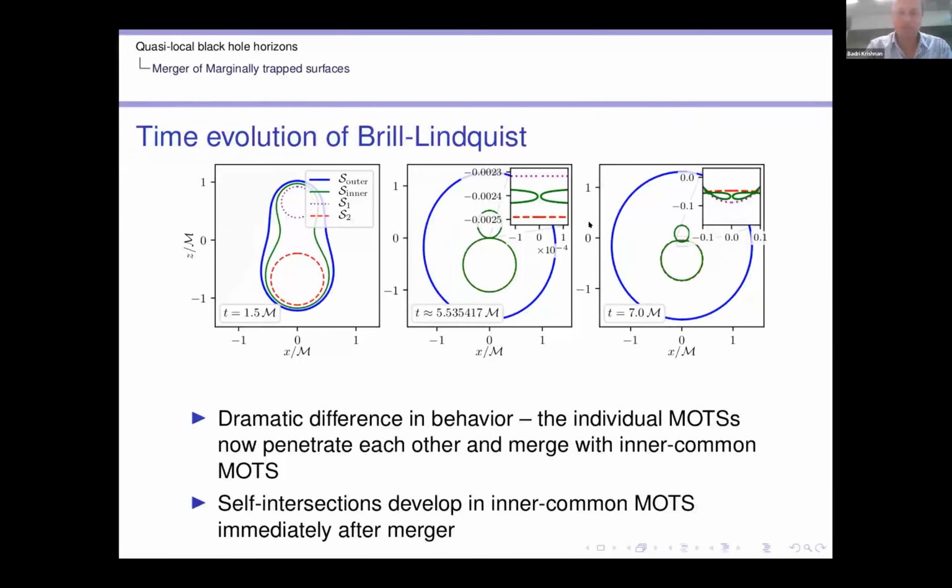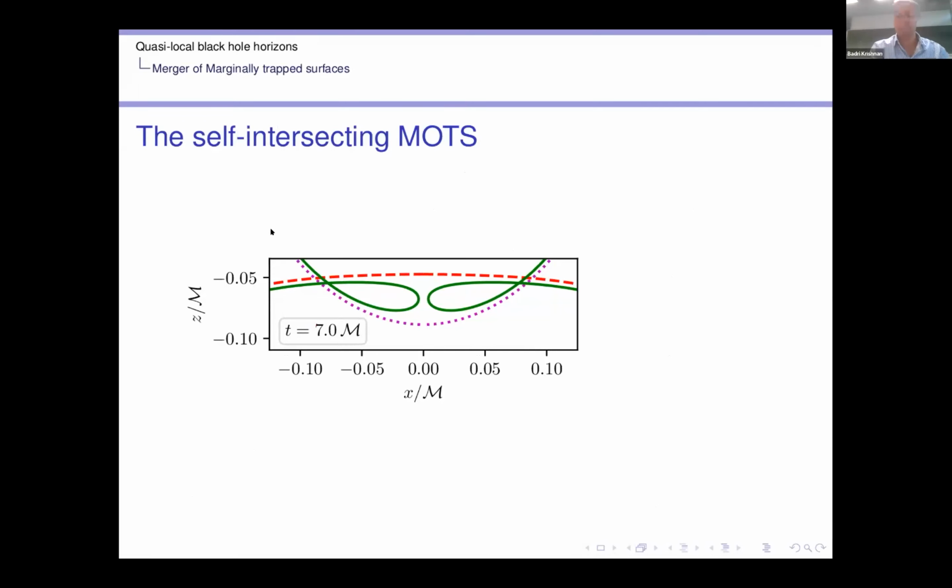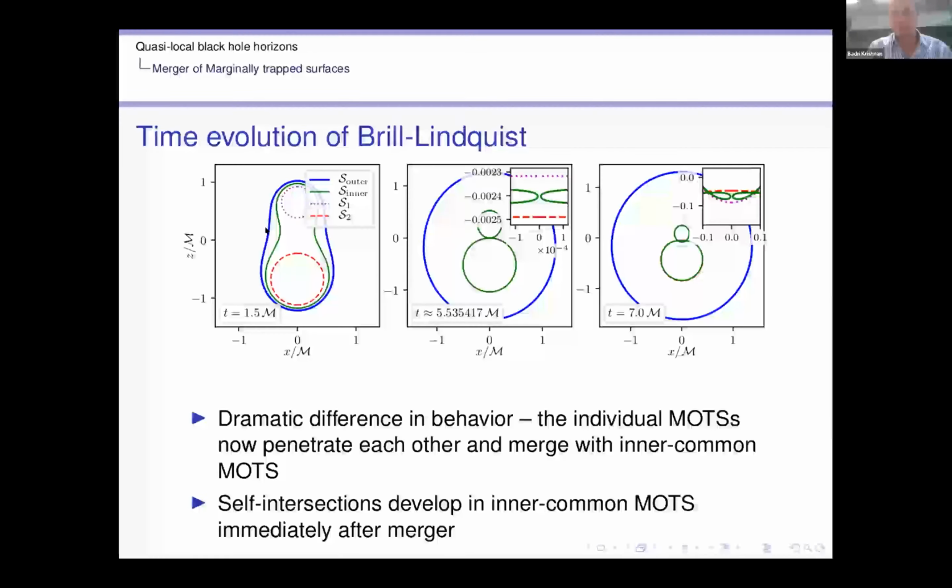In this picture, the red one and the purple one are the two individual horizons, S1 and S2. When the black holes get sufficiently close, the new horizon appears and bifurcates into an inner component and an outer component. The outer component is shown in blue here and the inner component in green.